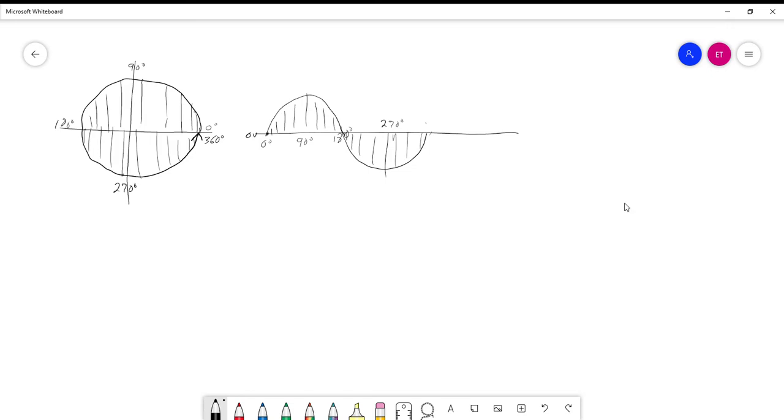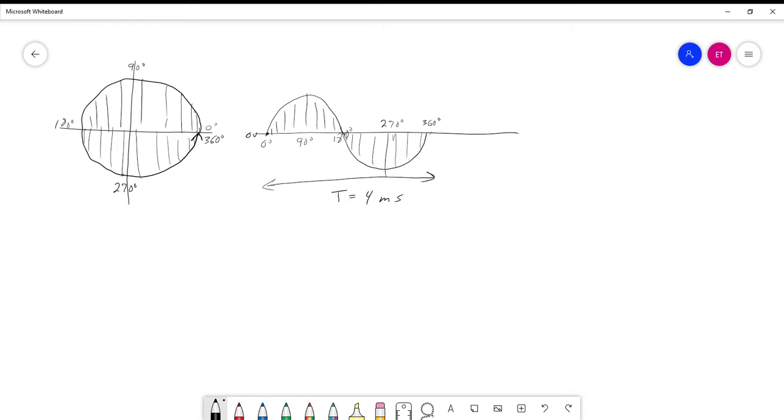Okay. And this is the period of the sine wave, the time it takes to go through a complete cycle. And we could put some times here just for our example. Let's just say it's 4 milliseconds to get all the way to 360 or back to 0, right?